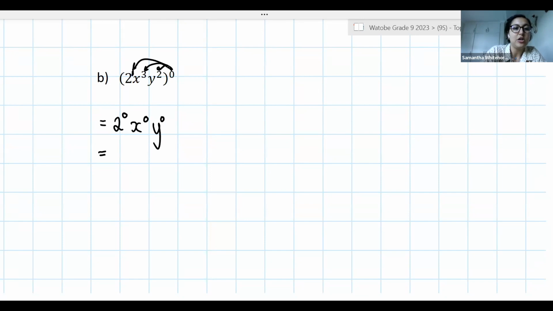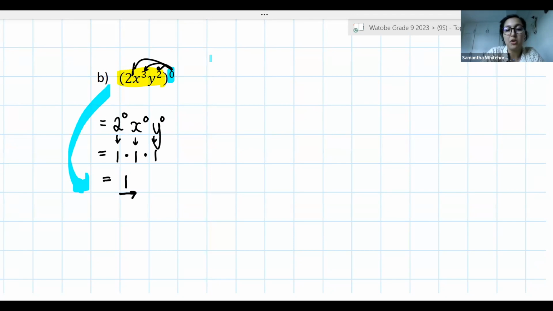Excellent. Well done. So guys, because all of these are to the power of 0, they actually all have a value of 1. And because it's all multiplication, 1 times 1 times 1 is 1. Now again, if you see that you've got a base, the whole bracket to the power of 0, and you're happy to go straight to 1, go for it.